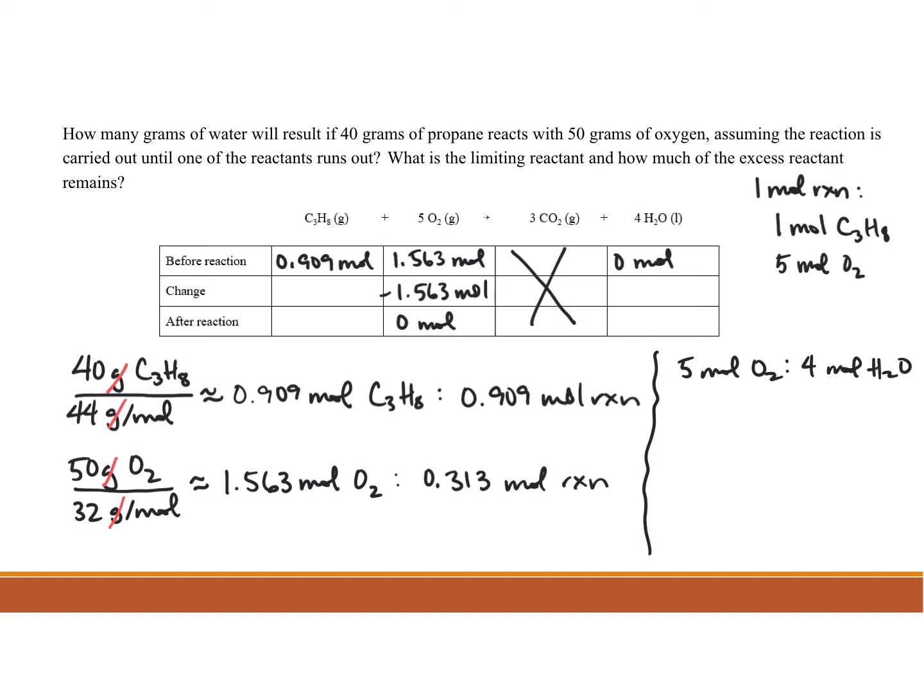So 1.563 mole of O2 times 4/5, you get 1.25 mole H2O. So this will go up by 1.25 mole, leaving you with 1.25 moles of H2O in the end.